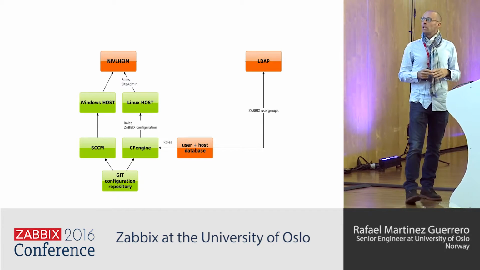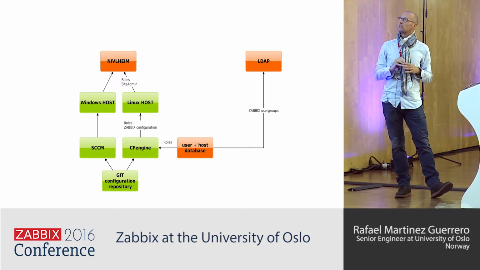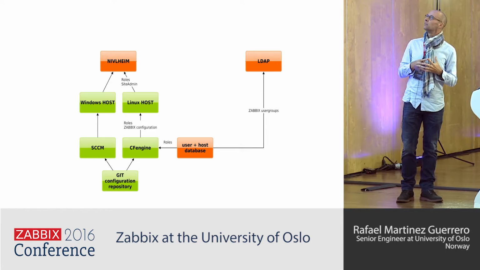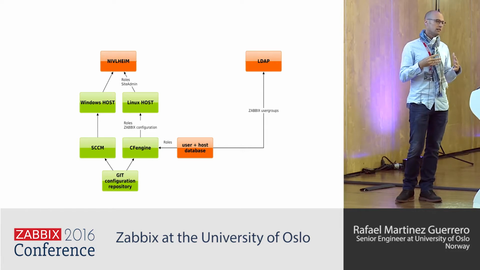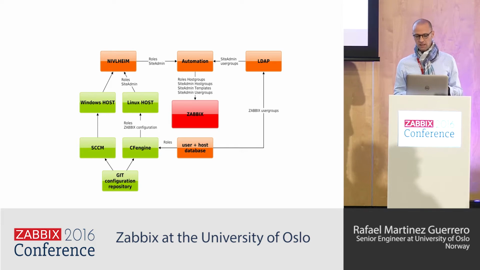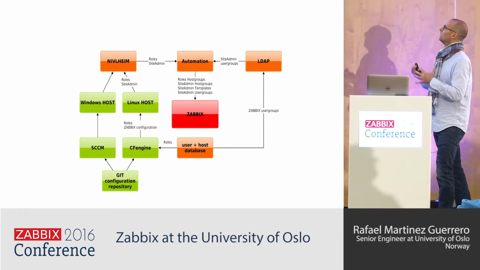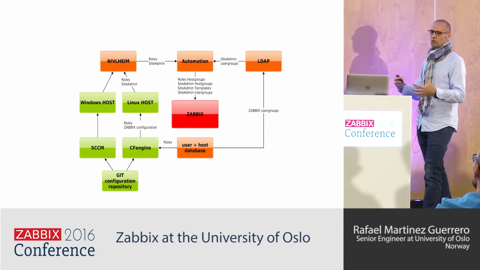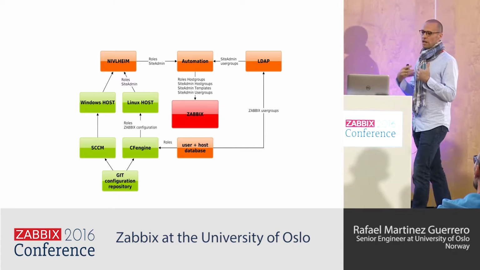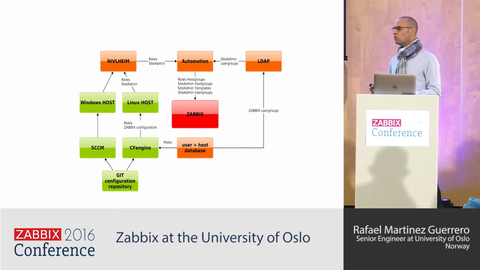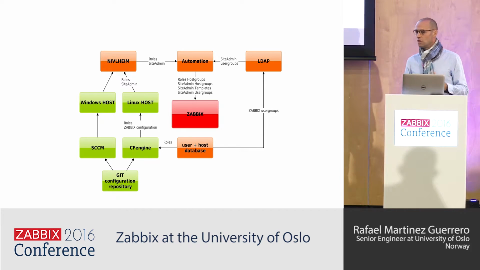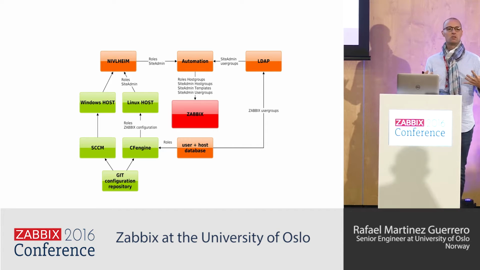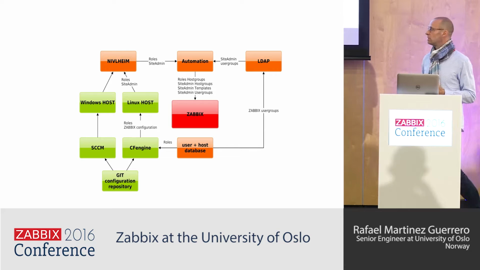At the same time, we have information about all these Zabbix user or site admin user groups that we have been talking about in our LDAP infrastructure. Then we have automation that uses all these roles and site admin information to create all the host groups that we need, to create new machines, to delete old ones, and of course to link all the templates necessary for a server to work based on the role of the server.